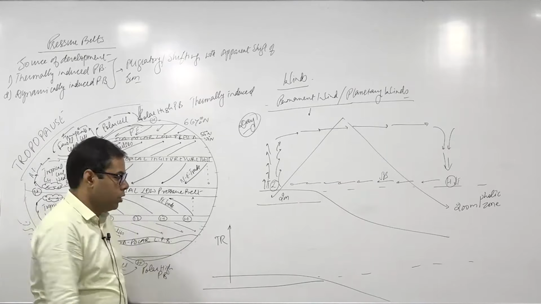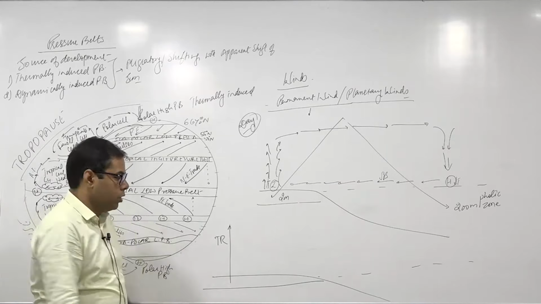So on the basis of origin or the source, the air masses have been classified into different types. So, air masses, the first it is called tropical air mass and polar air mass.